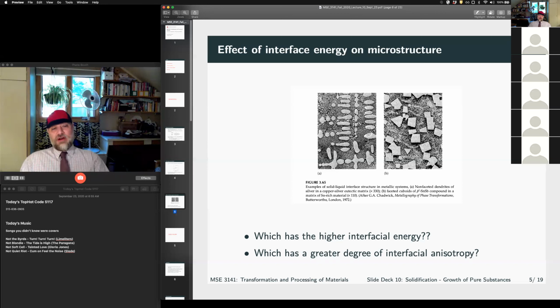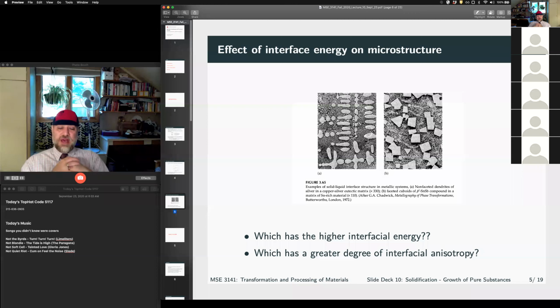So let me make an argument for why you would think A, right? Because if you calculate the surface area per volume of the particles, the one that's going to minimize the amount of interface is a sphere, right?